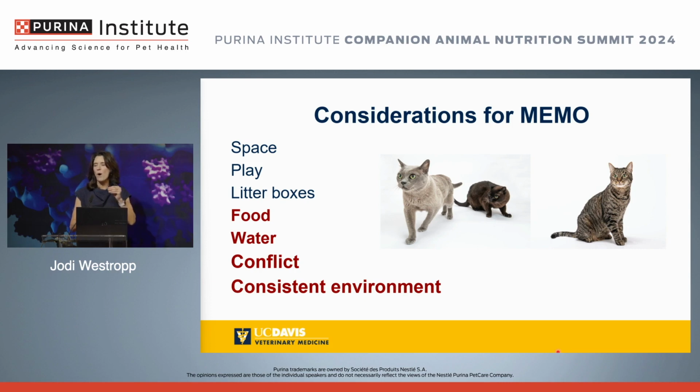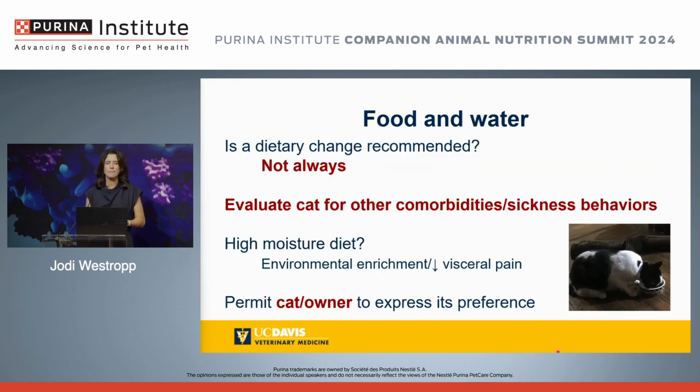I'll talk about food and water in the next 2 slides. And then also, of course, as I mentioned, addressing conflict, whether that be between 2 cats in the household, between cats and different species, including humans, and seeing how we might be able to help that, and also trying to provide a most consistent environment for them that doesn't change abruptly and trigger signs.